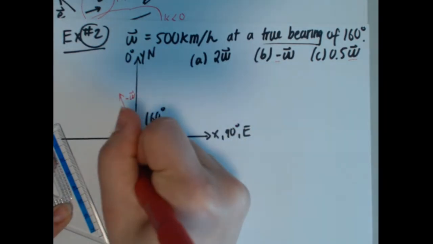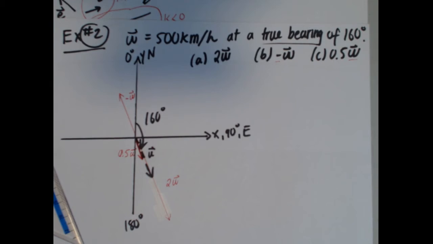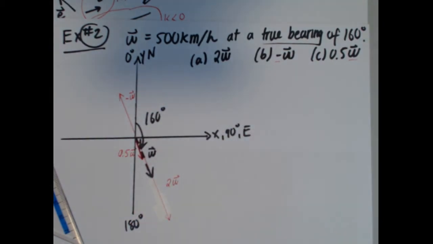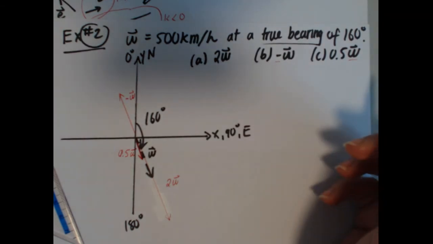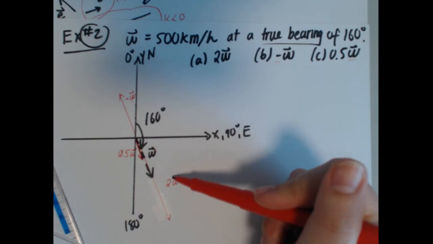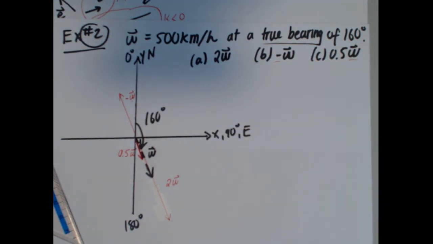That's 0.5W. I have to make that a W as well. U's, W's, whatever, they're letters. So, opposite vector, half as long, twice as long. I hope that's okay, aside from the confusion of the letters.